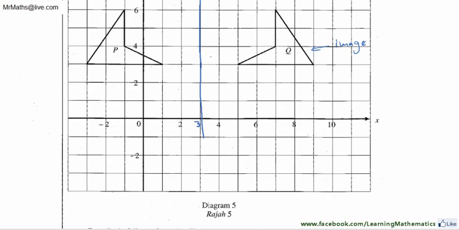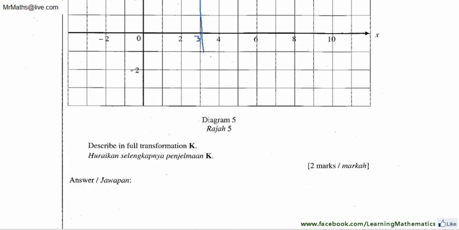So the answer is that image Q is a reflection of P in the line x equal to 3. Okay, let's move on.